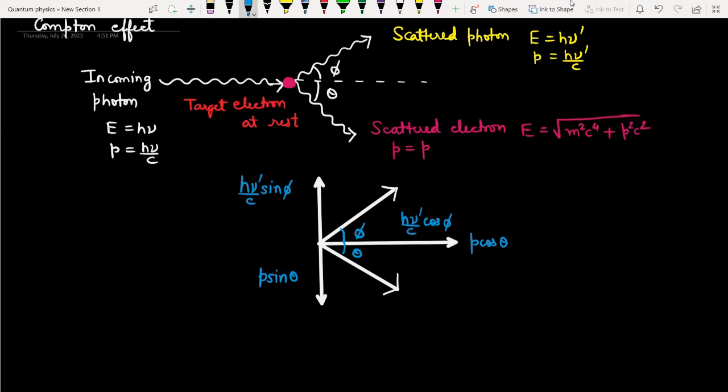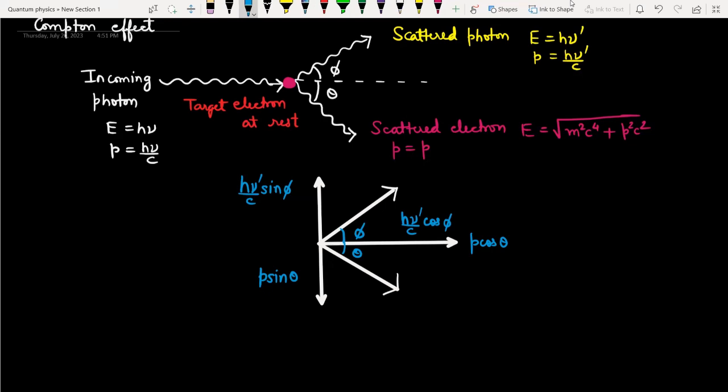And along the y-axis, this will be h mu prime by c sine of phi. Similarly, this is the vector p, the linear momentum of the scattered electron. So along the x-axis it would be p cos theta, and along the y-axis this will be p sine theta.